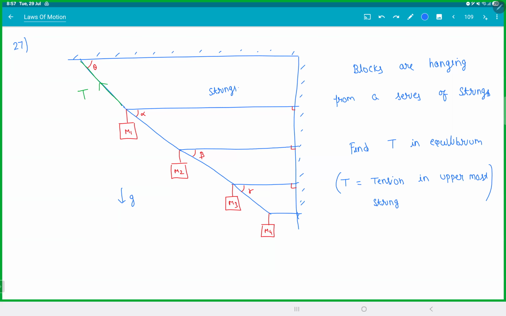This is the type of question which will scare you, but it is easy to solve. If this kind of question comes in the exam, you know what I used to think normally? Okay, there's an alpha, beta, gamma, theta, m1, m2, m3, m4. This thing has so many equations. If I try to draw an FBD also, I'll get three forces. If I try to solve this, it will easily take 10 to 15 minutes.